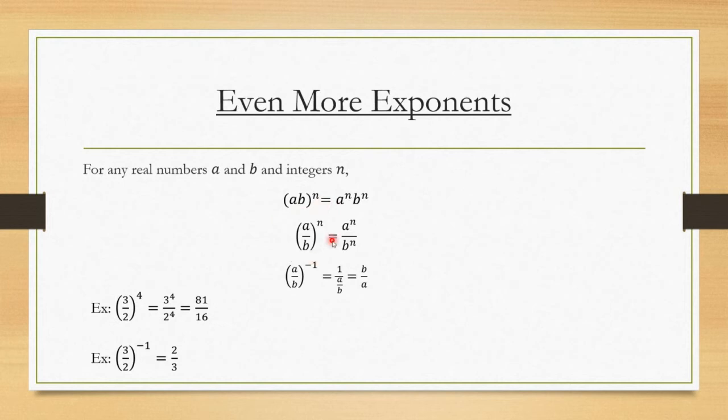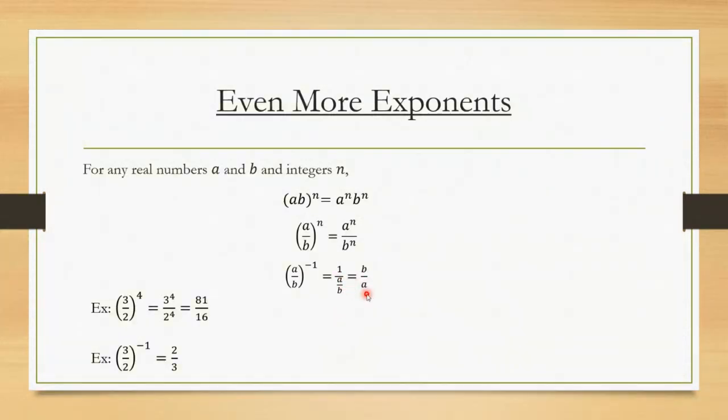And from here, we also have, I guess, the analog for division. A divided by b to the n is a to the n over b to the n. And this I threw in here as well. If you have a over b to the -1, you just get b over a. Again, if the exponent's negative, you flip it. You do 1 over, which is the same for a fraction as this.